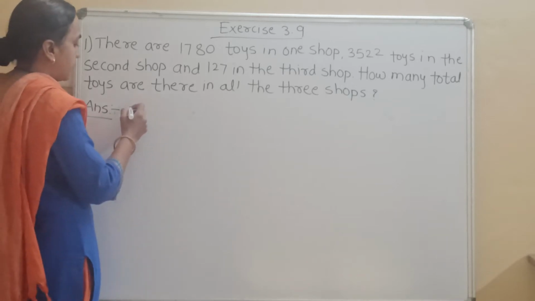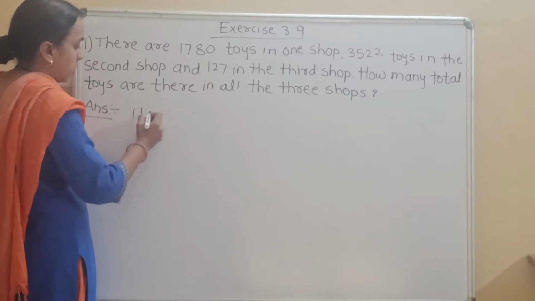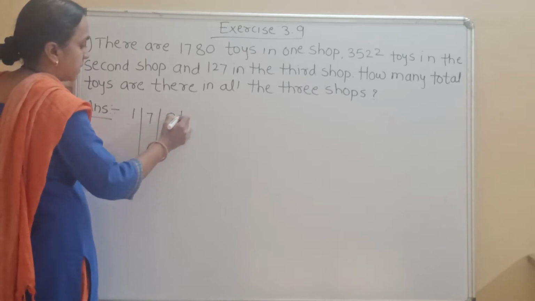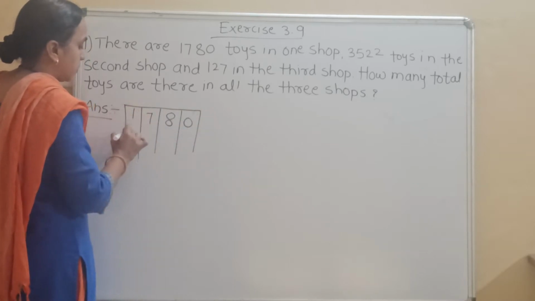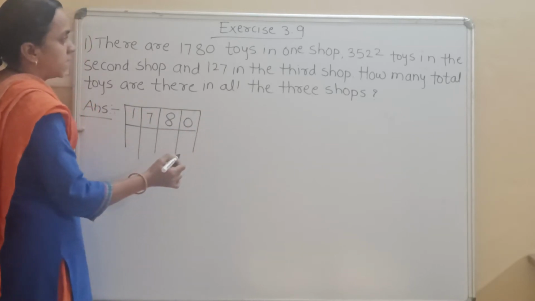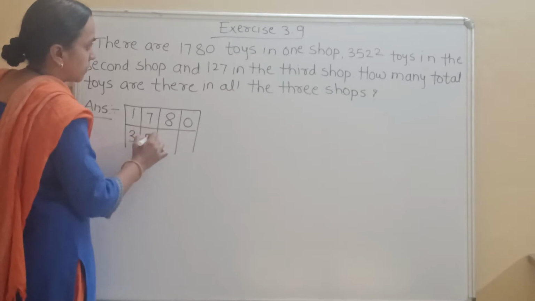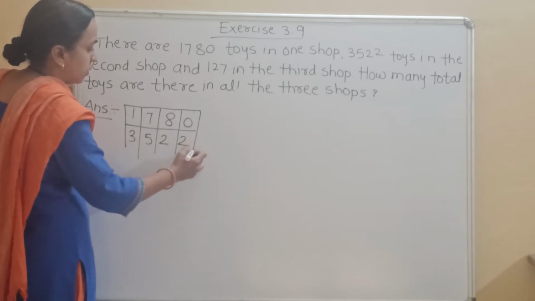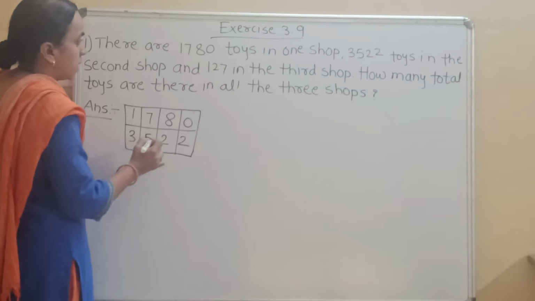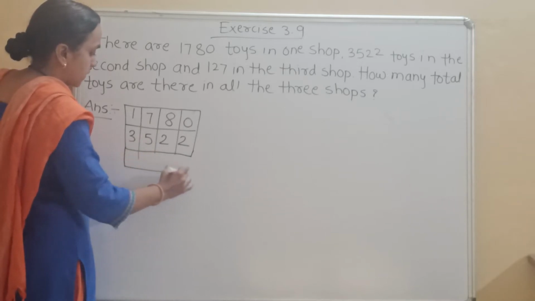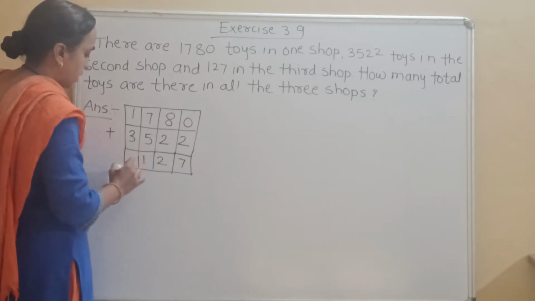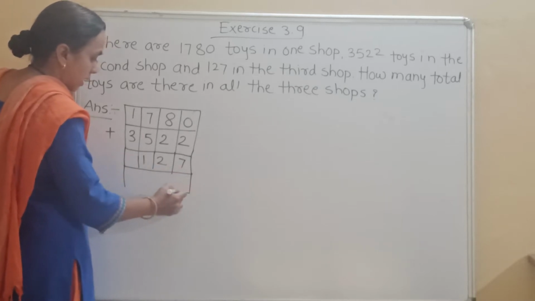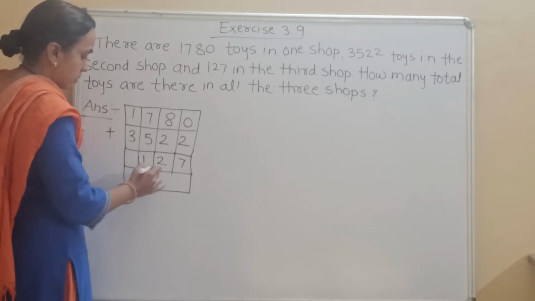Okay, so in your notebook you will write like this. In each separate box you will write each separate number: 1780, 3522, plus 127. Addition, we have to do addition here.